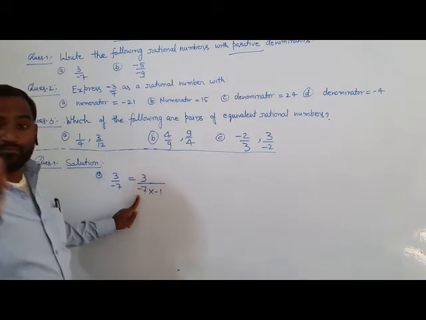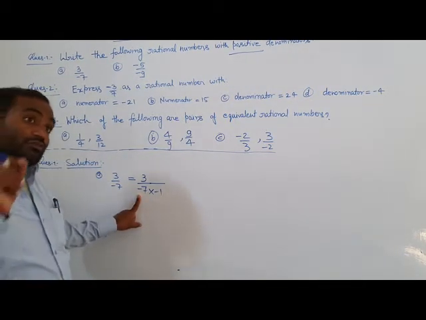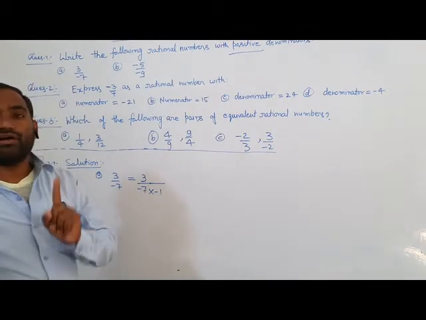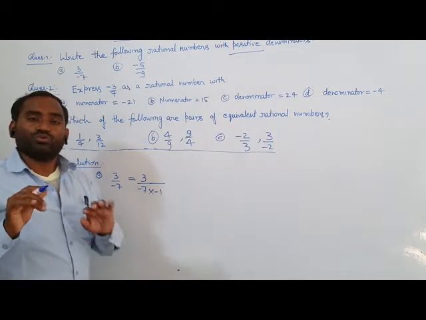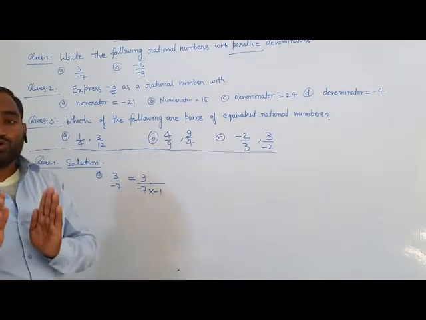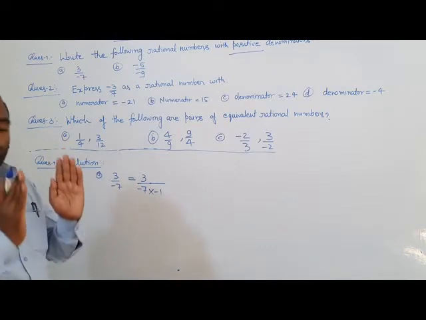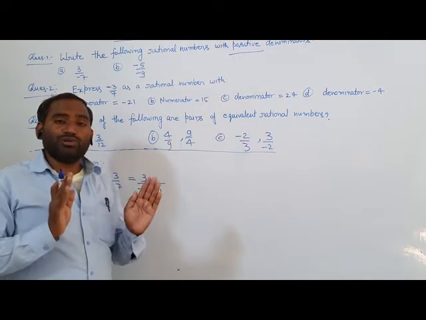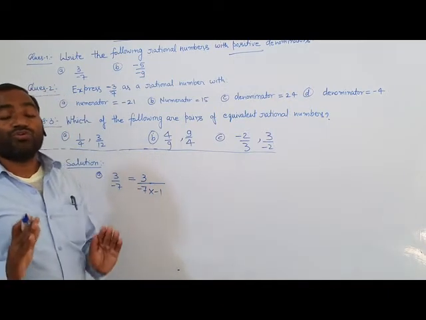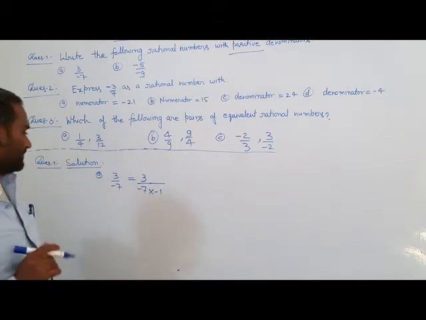So if minus is given, you have to change that to positive, you have to multiply by minus 1. यदि कोई डिनोमिनेटर नेगेटिव दिया है उसको पॉजिटिव बनाना है तो उसको -1 से मल्टीप्लाई करते हैं डिनोमिनेटर में और न्यूमरेटर में. अगर पॉजिटिव दिया है नेगेटिव बनाना है तो उसको -1 से ही मल्टीप्लाई करते हैं.